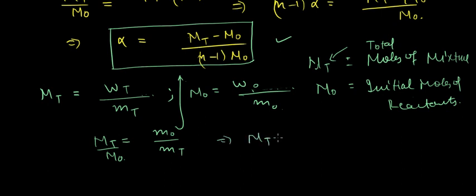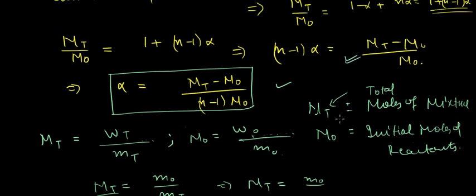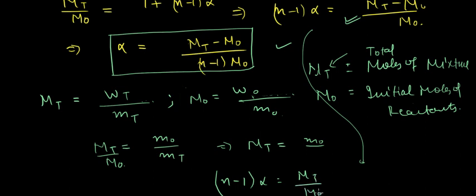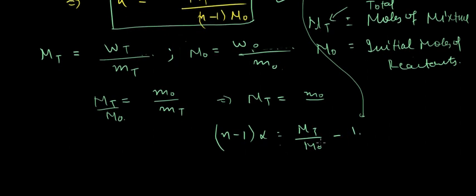Okay, so just applying the same here as well. We can put it in the initial equation, and we can see that MT by MO is nothing but small mo by small mt. So deriving the equation further, (N minus 1) alpha would be MO by MT minus 1.